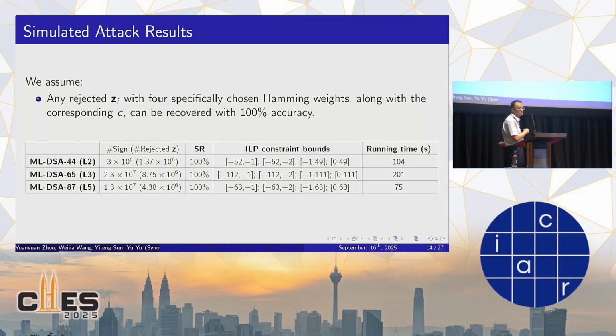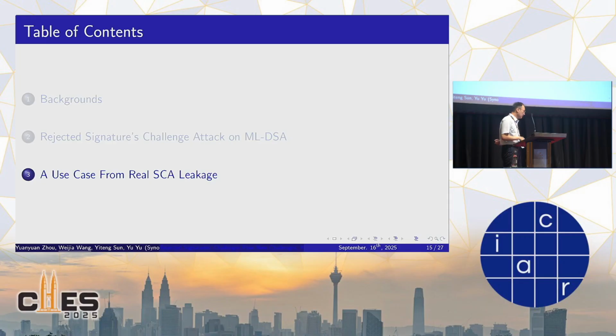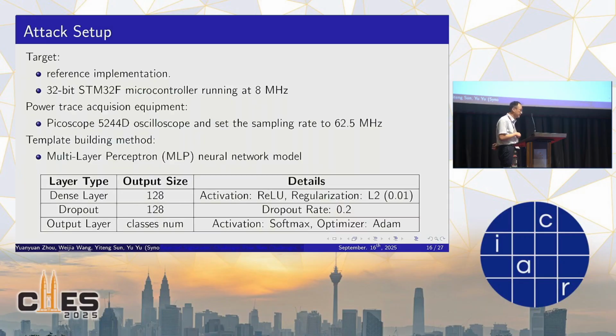Because c here is rejected, it will not output it, only the Hamming weight of z_i. We use a case from real side channel leakage. So first I will provide the attack setup.